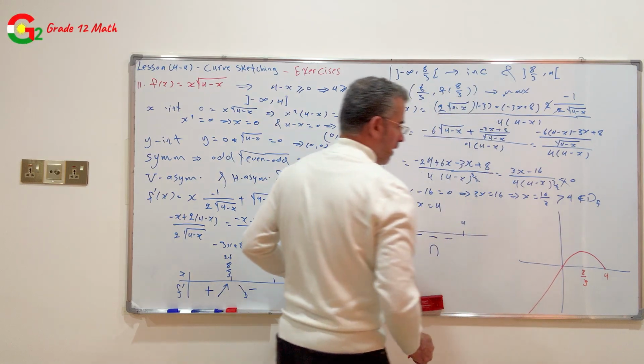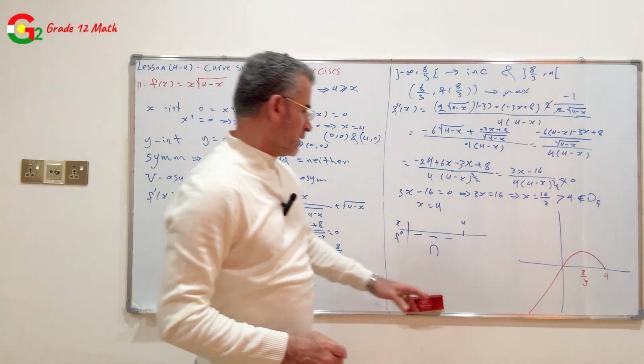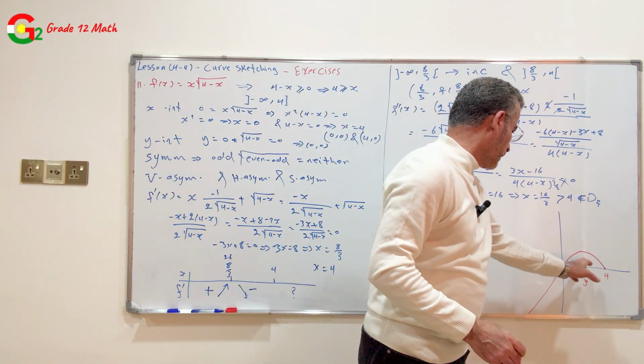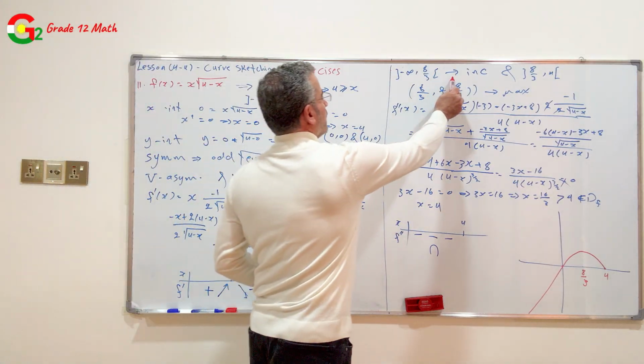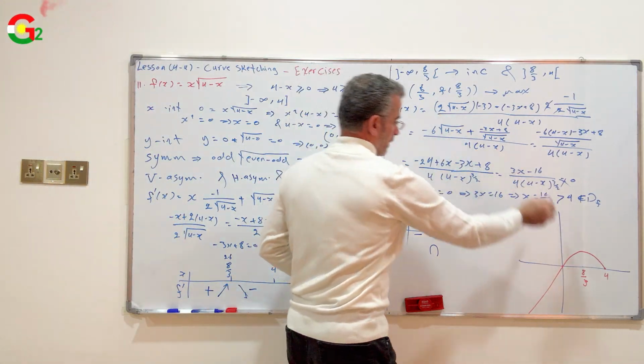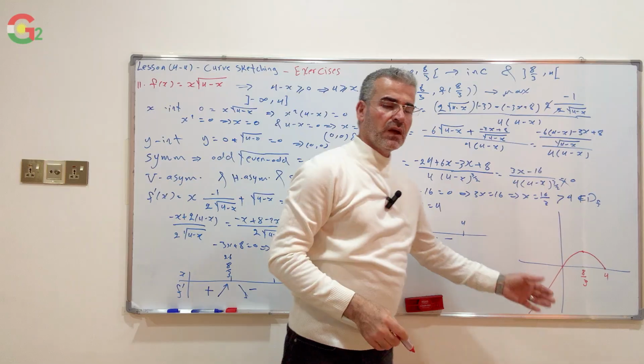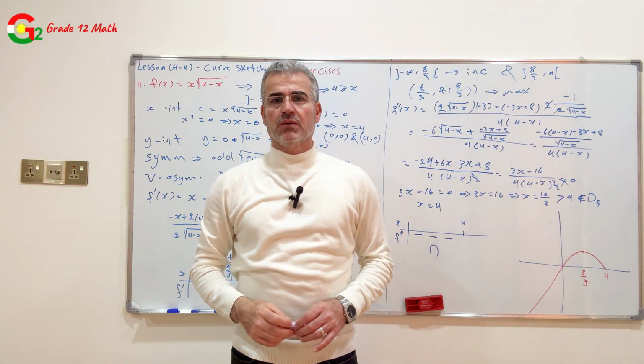This is the graph of this function. The function is increasing from negative infinity to 8 over 3 and decreasing from 8 over 3 to 4 everywhere. See you next lesson.